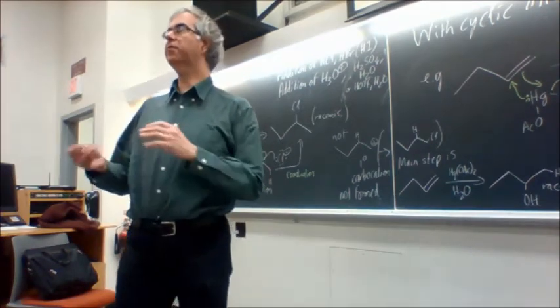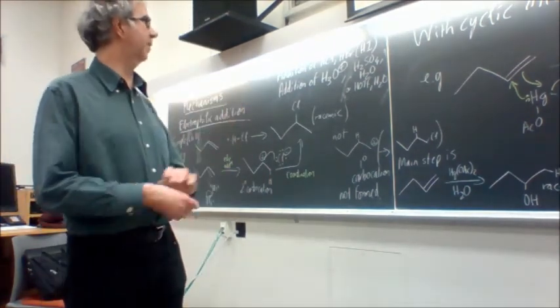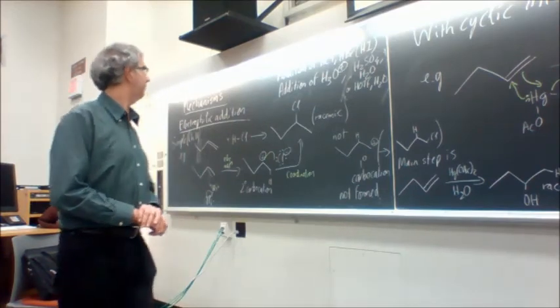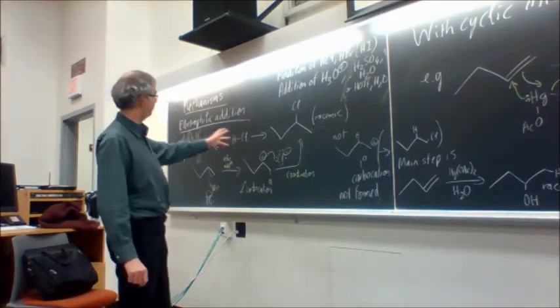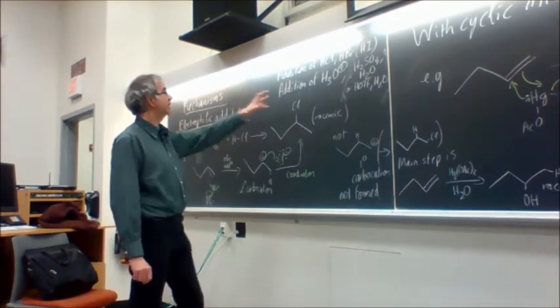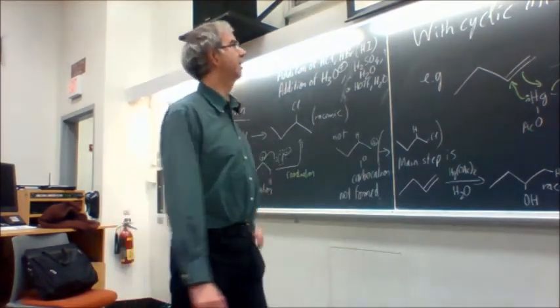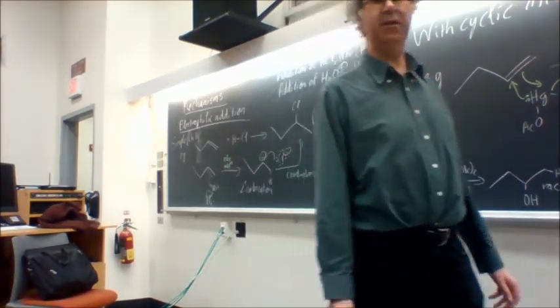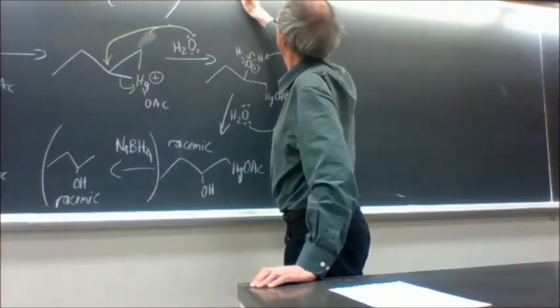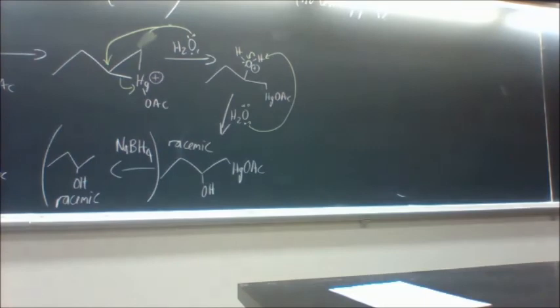But it amounts to the same overall process. So if I ask you to give a mechanism for addition of H3O plus or HBr, they're all going to be the same mechanism. With the cyclic intermediates, carbenes, with carbenes there is no leaving group.